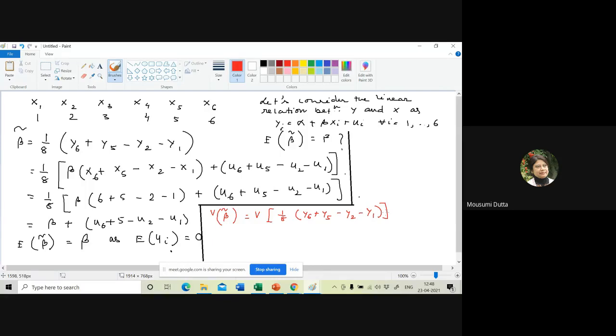So variance of y is equivalent to variance of u, because the other thing is the intercept of the model, and xi is non-stochastic. So variance of yi is equivalent to variance of ui.